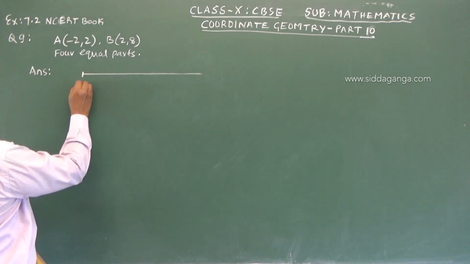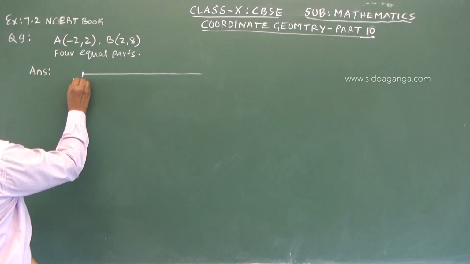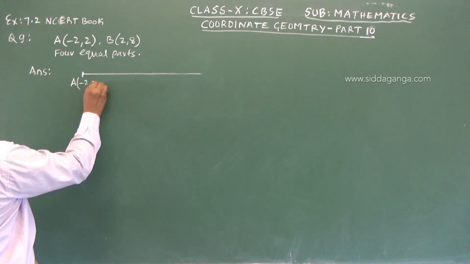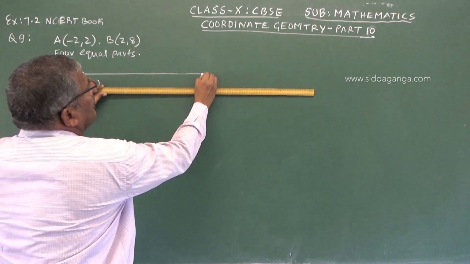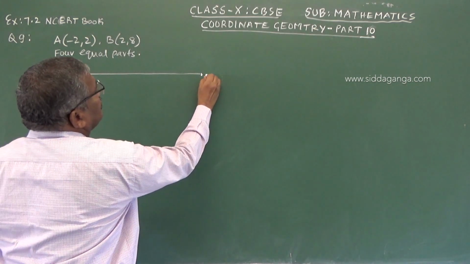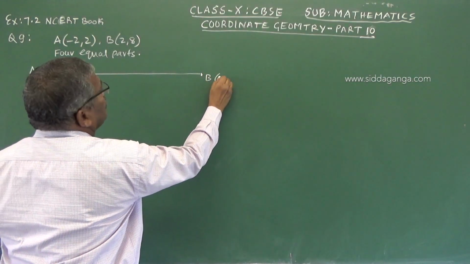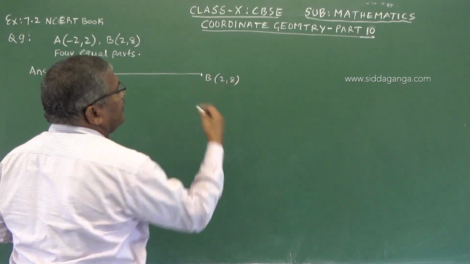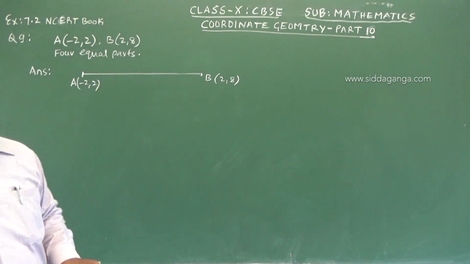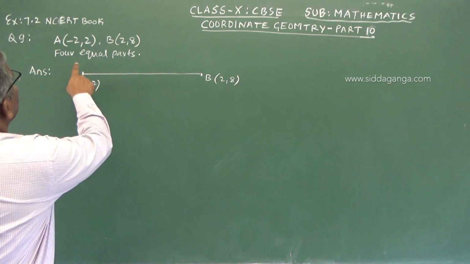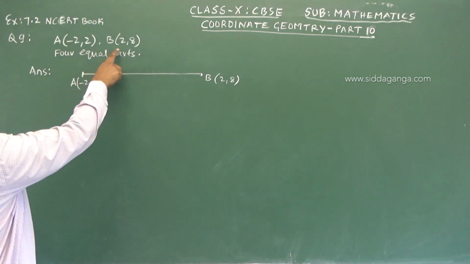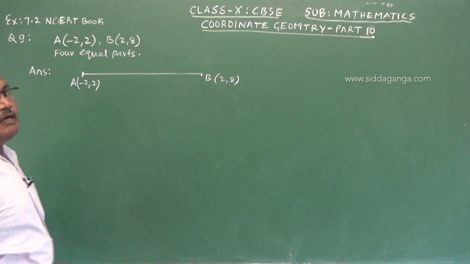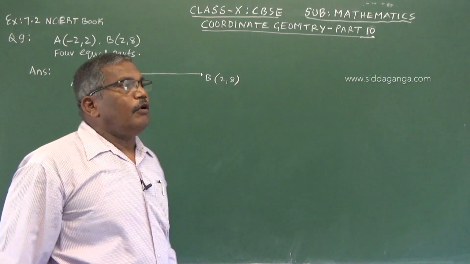Let us say this is A with coordinates (-2, 2) and this is B (2, 8). We have to find the coordinates of points which divide this line into 4 equal parts.